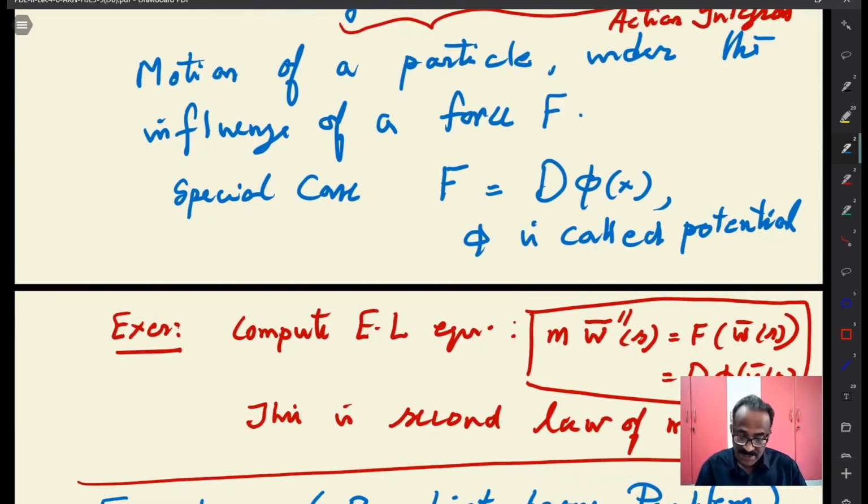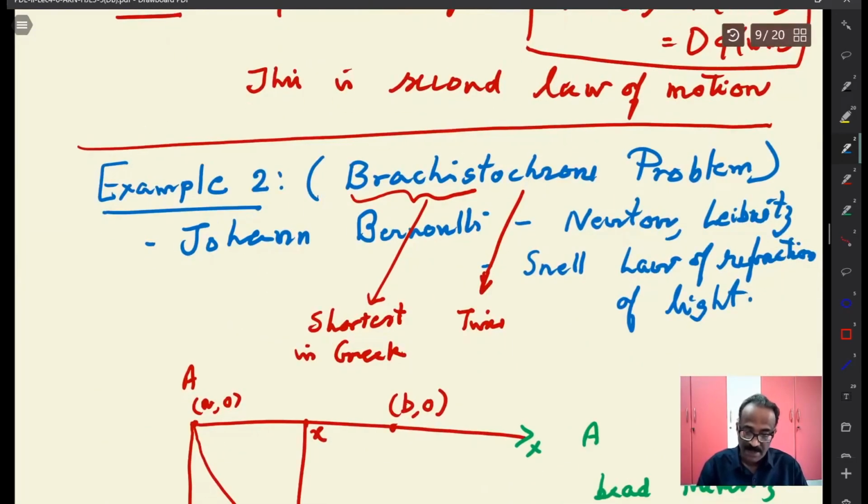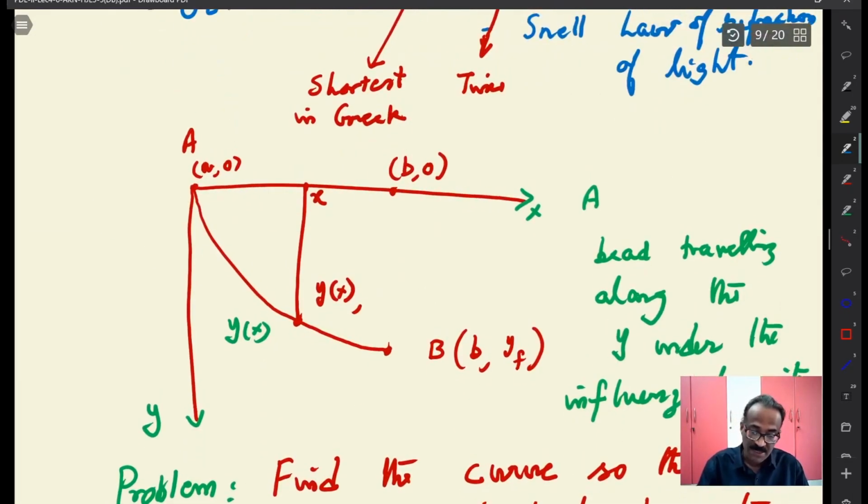What we discussed is that the Euler-Lagrange equation is nothing but Newton's second law of motion, given by W bar double prime equal to F of W bar, that is minus d phi of W, where phi is the potential. Then we have the Brachistochrone problem, where we discussed what is the minimum path which takes the least time to reach from a point to another point down along a vertical line under the influence of gravity.